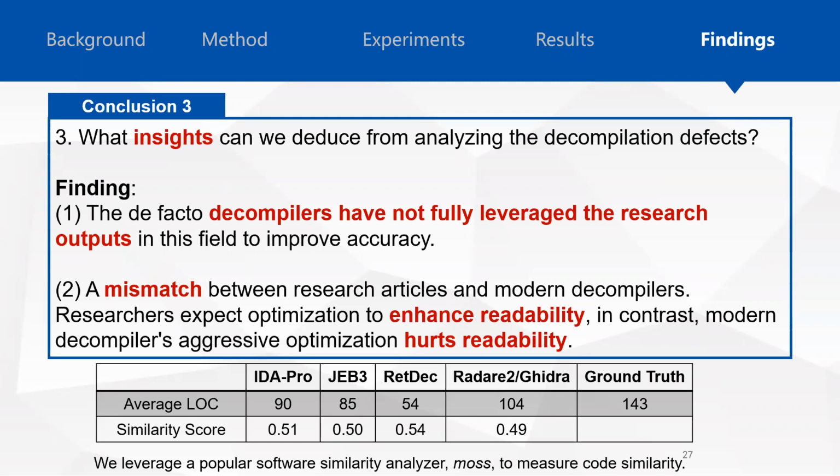As shown in this table, decompiled code becomes too concise. The average line of code of a function is 143, but the average length of outputs of decompilers is much shorter. Also, the similarity score of decompilers output is only about 0.5.